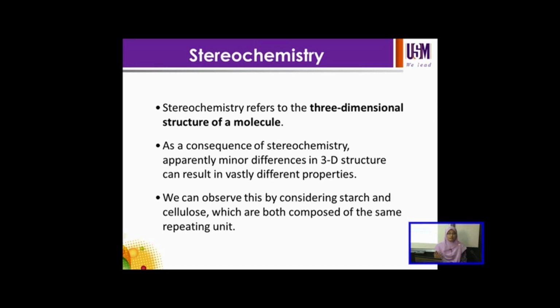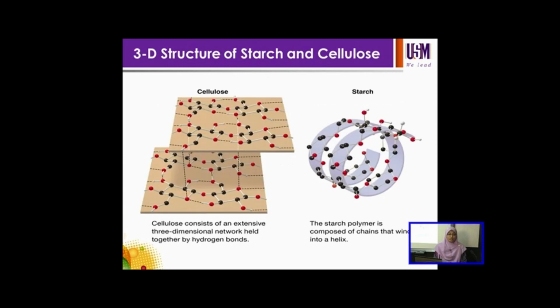They have the same molecular formula, C6H10O5. This is their individual unit, and they have repeating units because they are both polymers. This is the 3D structure of cellulose, and this is the 3D structure of starch.